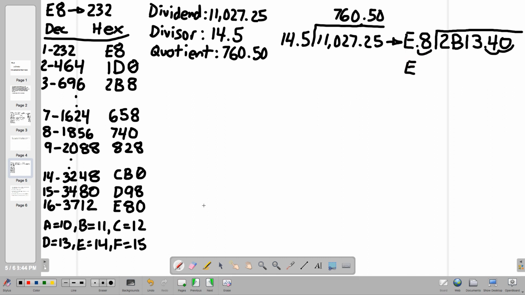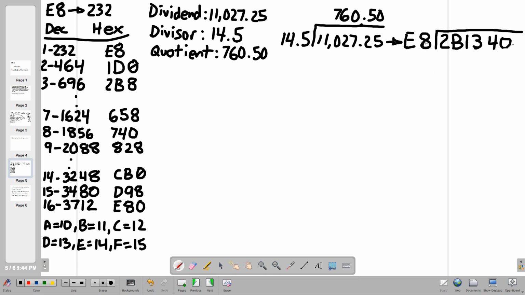Actually, let's erase this and consider the computation coming back. All right, so we have to consider two decimal places when we actually perform the computation.